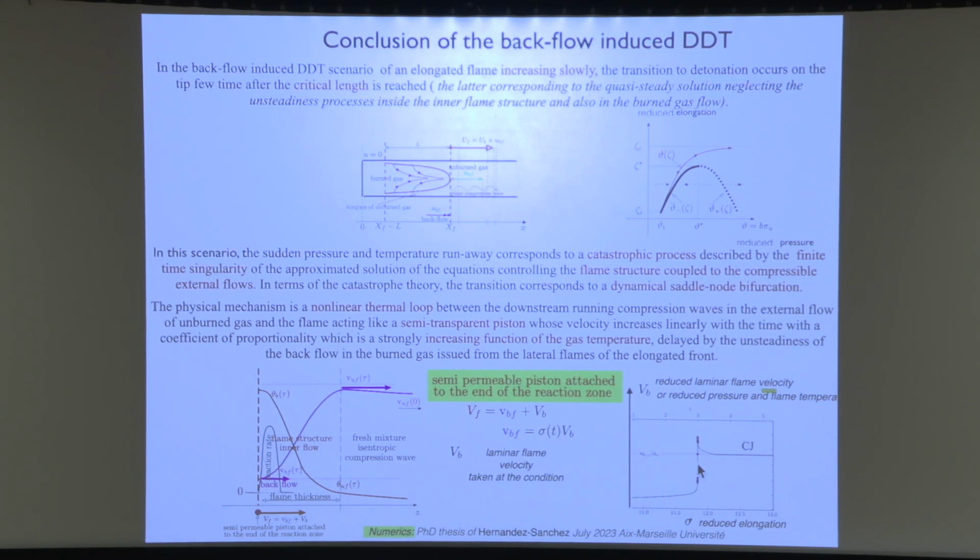You have to change it when the gradient becomes too strong in order to resolve the divergence. What is very important in this thesis, it is not yet published, apparently. I don't know what he's doing. Maybe he's in a postdoc and he has no time to publish that.